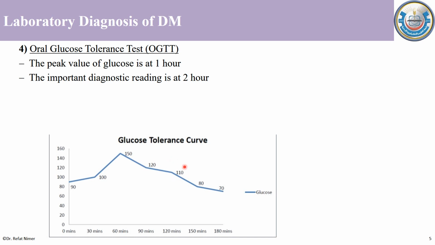This 2 hour reading represents the diagnostic reading, which is very important to determine if the patient has diabetes or is a healthy individual. Then the values start to decline to reach the normal values.